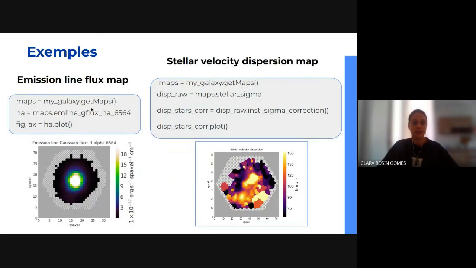For the H alpha or any gas you want to have the map, you just have to call the map, tell which map you want, and then you have the plot. For stellar velocity dispersion, it's the same, but here I put an extra line just for the correction, so I have a more accurate map.